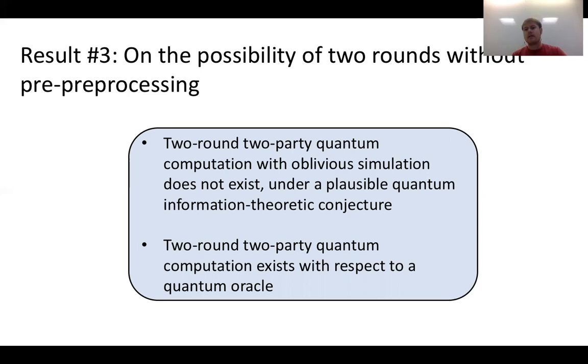But I'd say this is a proof of concept, because we don't even know any heuristic approaches to constructing obfuscation of quantum circuits. At this point it's not even a heuristic construction. It's just a proof of concept, suggesting how one might construct such a protocol. So again, we have these partial positive and negative results, but this question remains open.